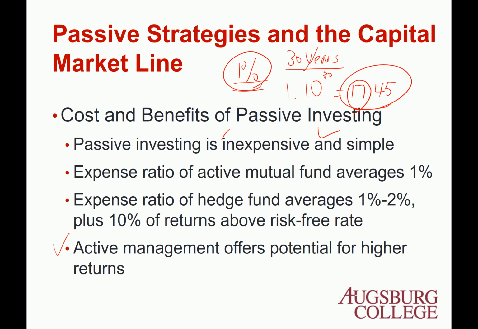Or you can pick the active strategy and do security analysis, paying about 1%. If you can make more money, then it's okay, but it's possible that you may lose because the cost is not that low, right? So this is the end of chapter 5.